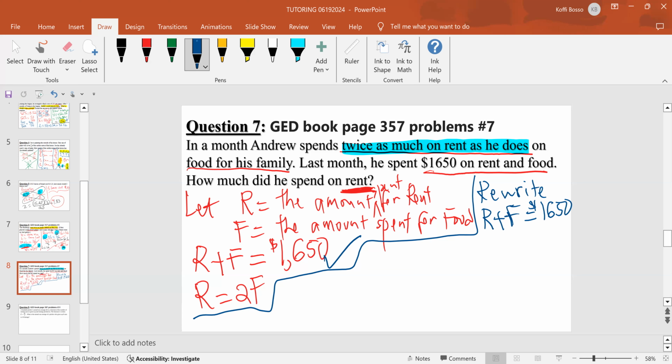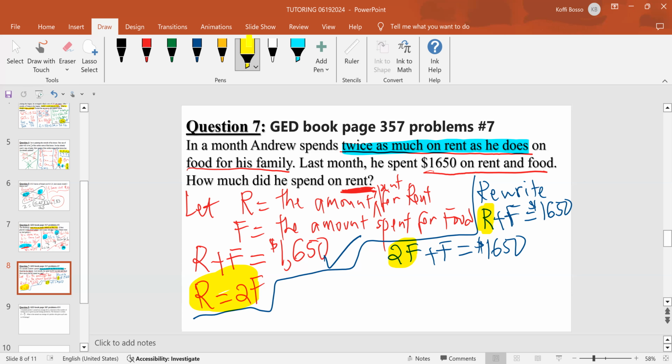To rewrite that, we're going to replace R by 2F. So we'll say 2F plus F is equal to 1650. This R here is replaced by 2F because we have this equation set up, R equals 2F.